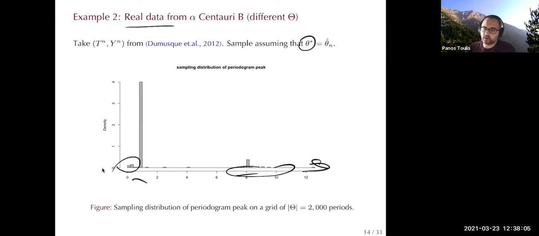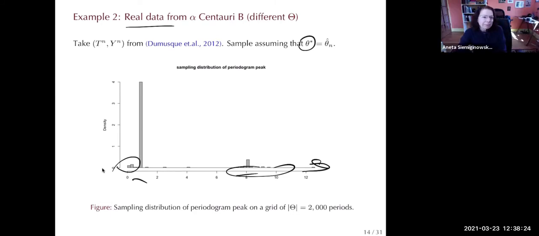I estimate all the nuisance parameters, which is the error, the population variance, and the periodic component coefficients. And then from this model, I just start sampling new data and calculating the periodogram and the periodogram peak for each one of these sample data sets. Okay, thank you.